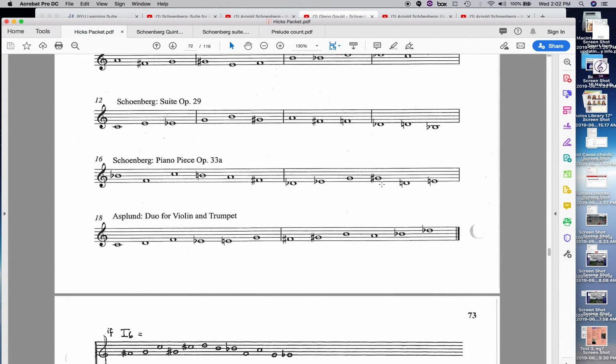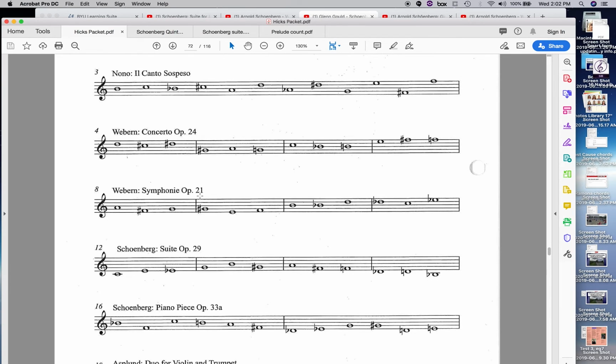We'll see. And then finally, this piece by a minor theory teacher and composer, one of maybe two pieces that I've written using the 12-tone method. Kind of a bluesy sequential. Well, this is even simpler than the Webern Symphony.